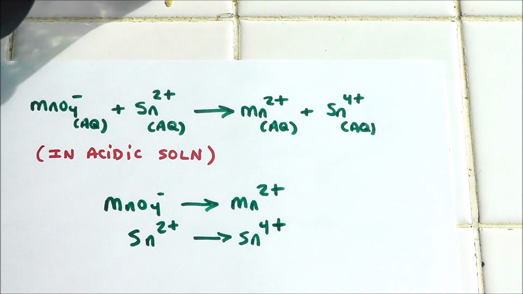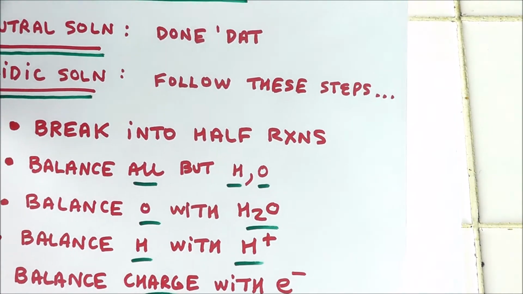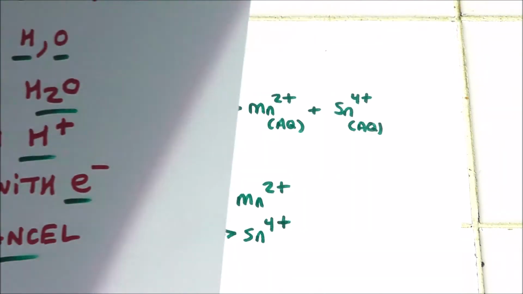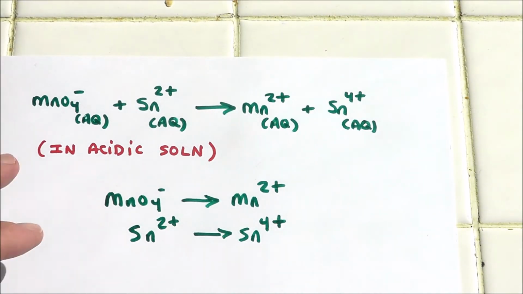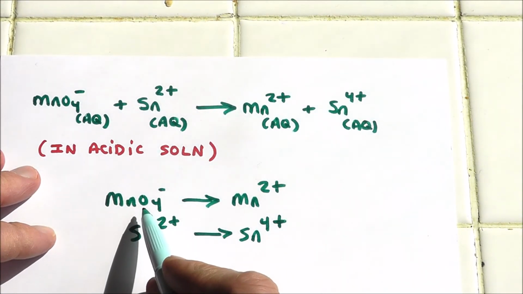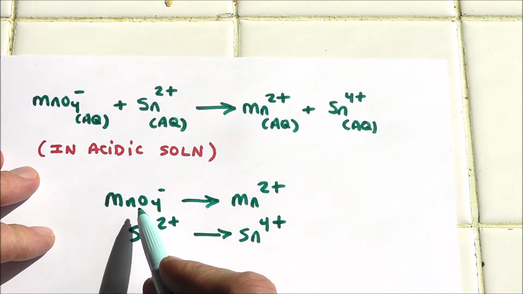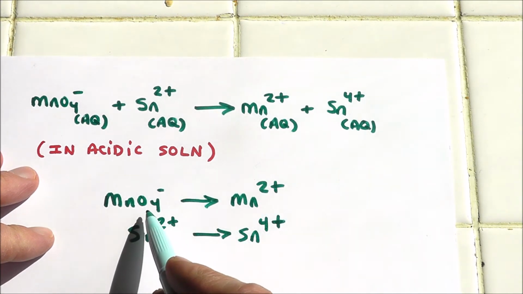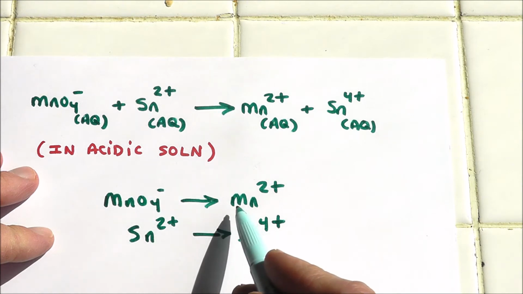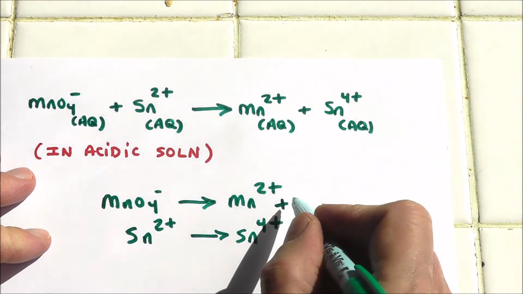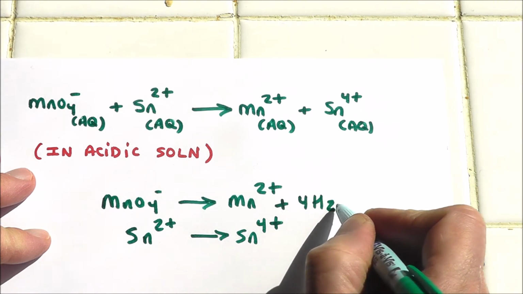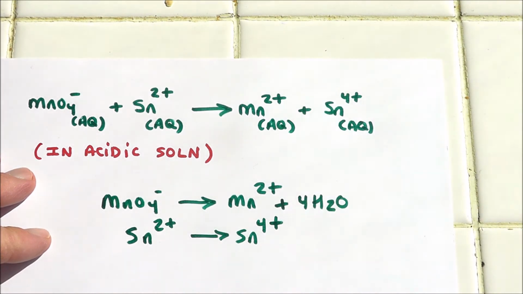All right. Let's go to the next step, which is to balance oxygen with water molecules. Okay, top reaction, I got 4 oxygens on the left, so, Freudian slip, I need to put 4 waters on the right.